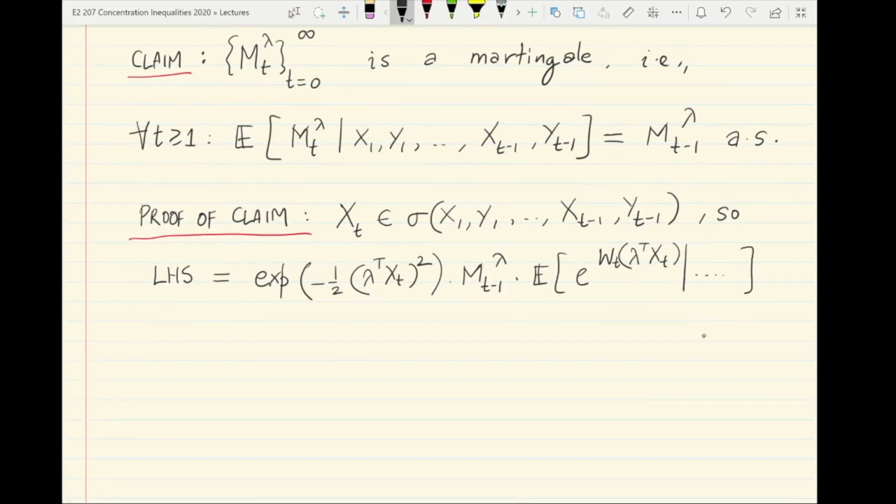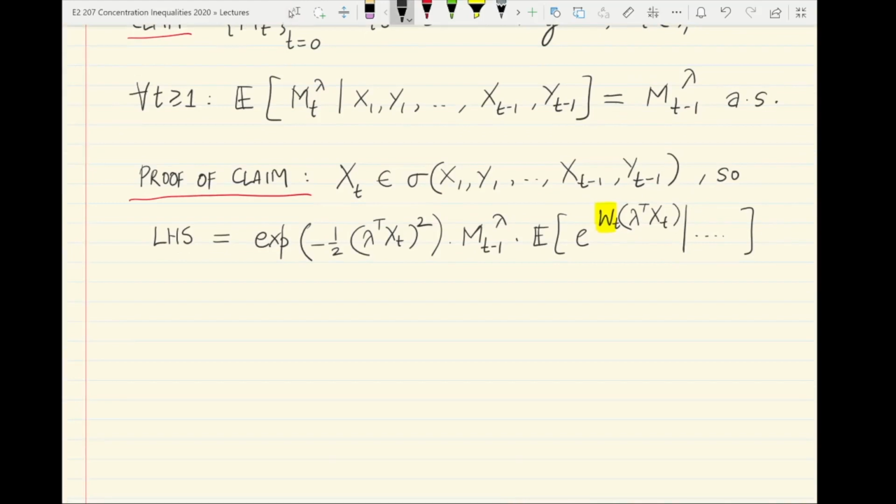And given everything in the past, the only randomness is in this w_t random variable, which is an independent standard Gaussian by assumption.